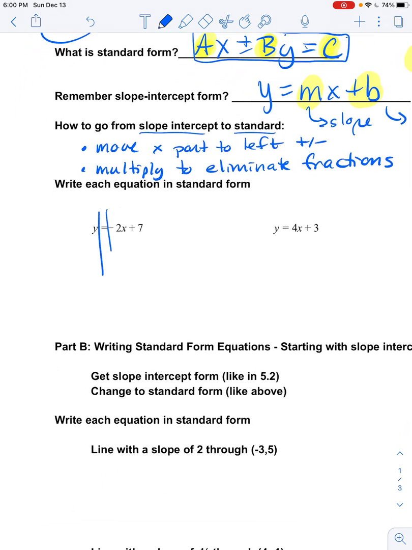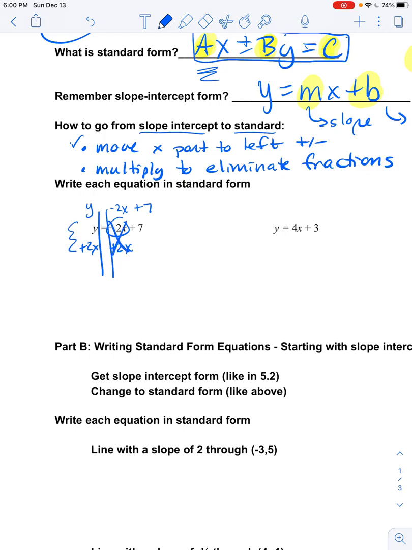We're looking at this like an equation basically, and we're saying this currently has the y part here, but the x part is here, and then the number part is here. So we have to get the x part out in front like it is in the standard form. So just like this says to do, I'm going to move this x part by adding 2x to the other side. That will eliminate it here.